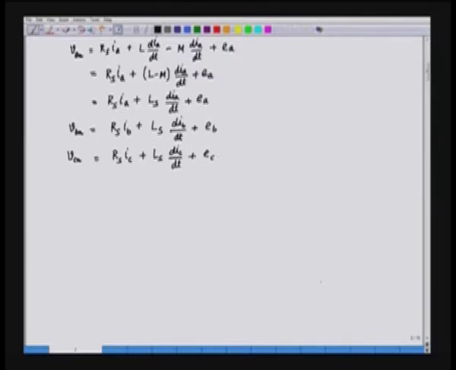So, we now have 3 equations and 3 unknowns, and the unknowns are IA, IB and IC.